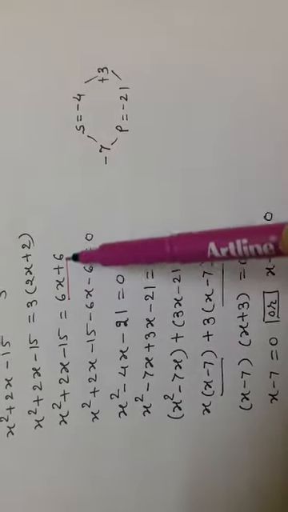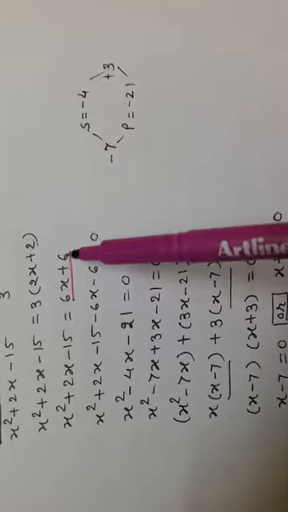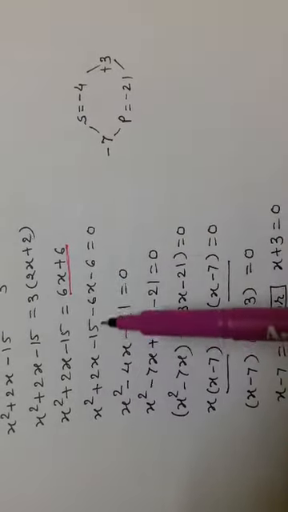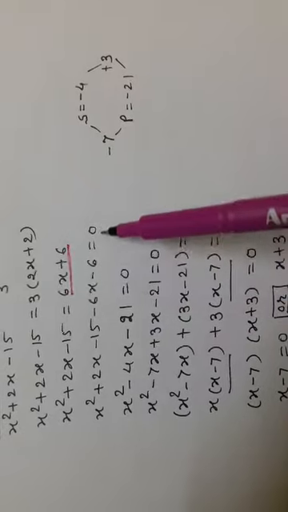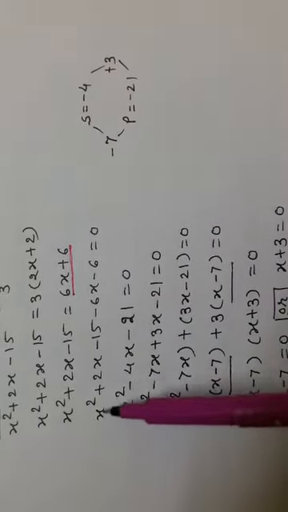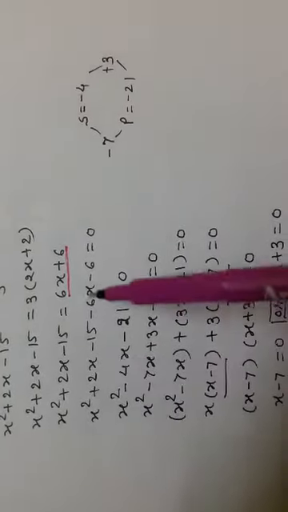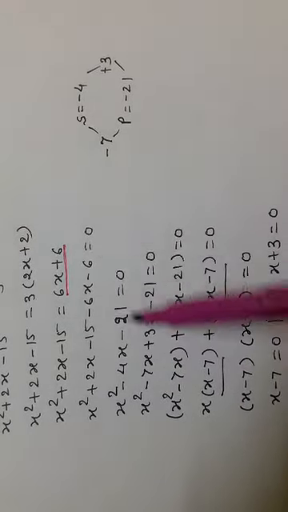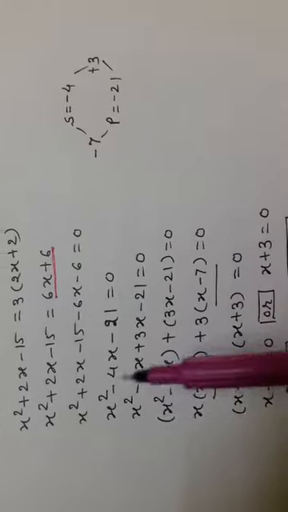So whatever the right hand side terms are there, we have to shift to the left hand side. x square plus 2x minus 15 minus 6x minus 6 is equal to 0. Now x square is as it is, plus 2x minus 6x is minus 4x, minus 15 minus 6 is minus 21, which is equal to 0.